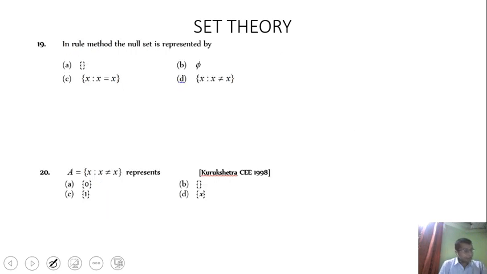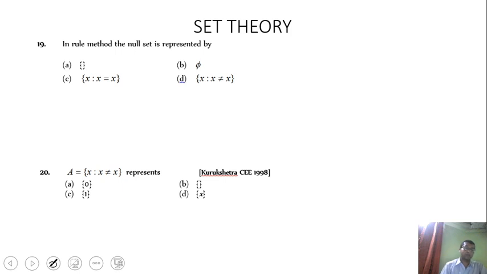Then example number 19, in the roster method the null set is denoted by phi, or by flower brackets containing no element.